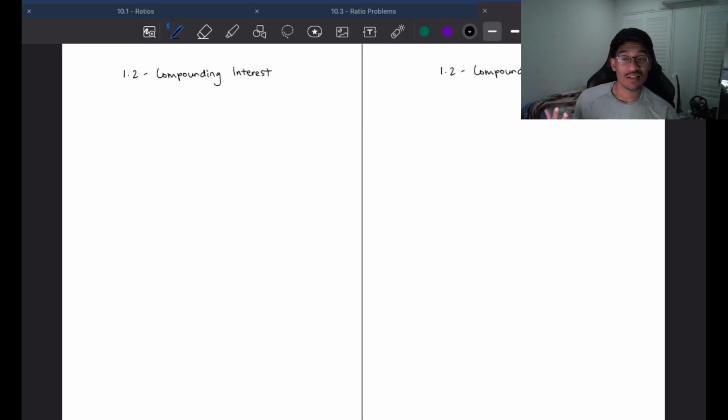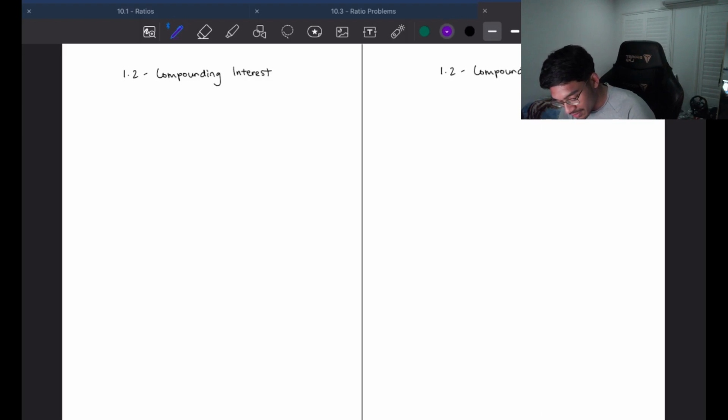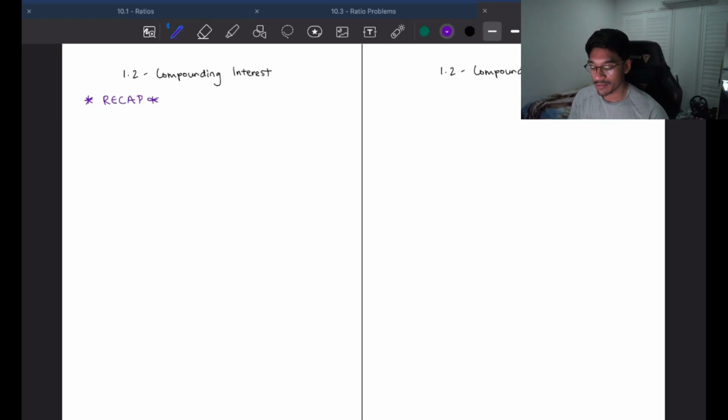So far I've looked at simple interest. Just a recap. So for a recap, simple interest uses the formula I equals PRT.